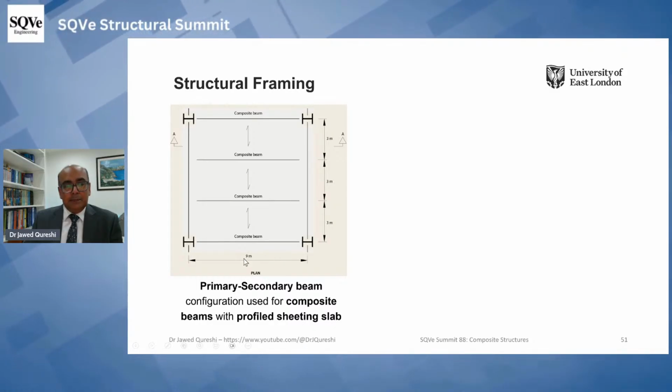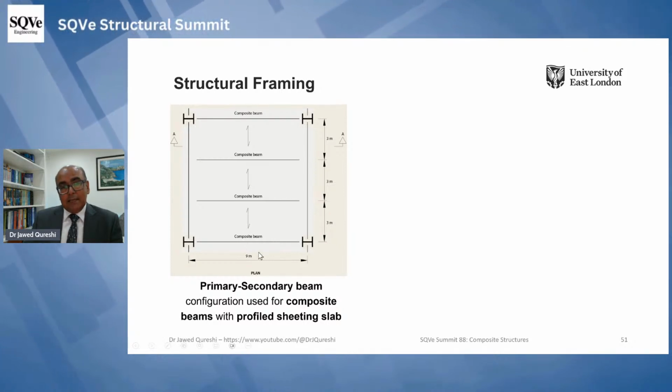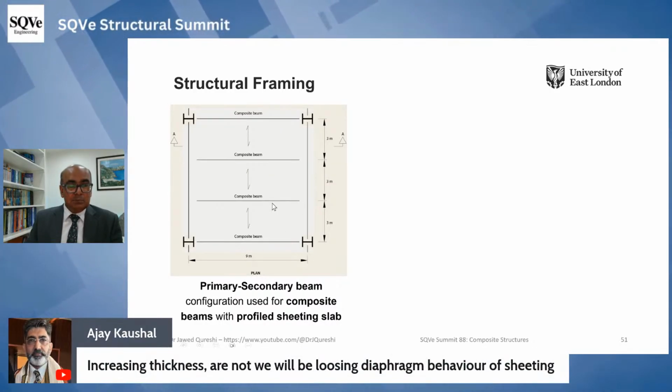Here, a 9 by 9 grid is possible, but it's not very common. Secondary beams are most of the time twice as long as primary beams. So whenever you're using this configuration, try to use longer secondary beams, and primary beams should be smaller.